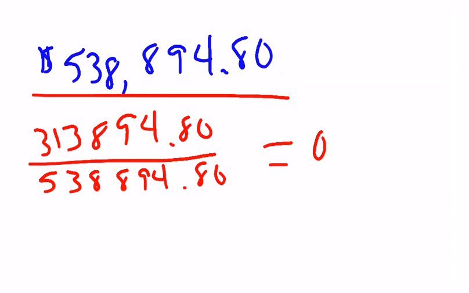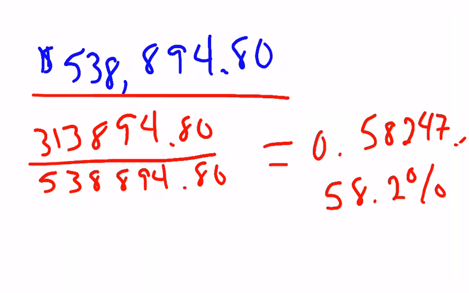And so as a decimal, we get 0.58247, and it keeps going. So to change that to a percentage, we just move the decimal place 2 spaces to the right. So it's 58.2%. So the total interest that was paid out of the complete amount paid back was 58.2%.